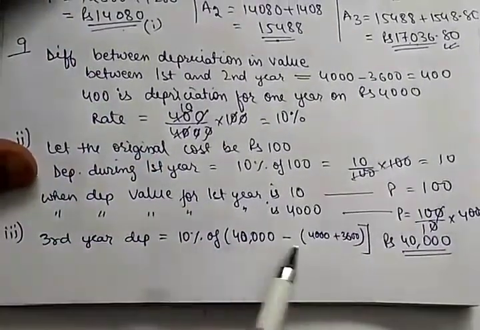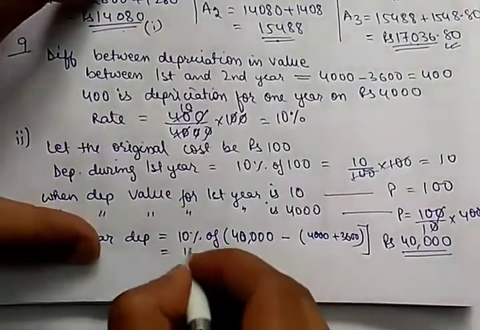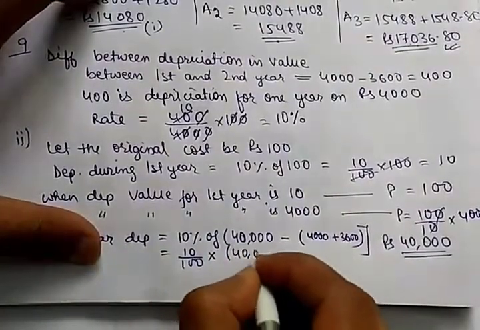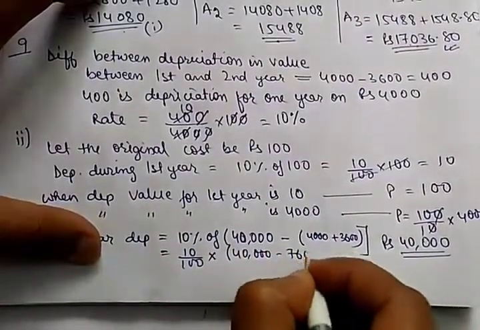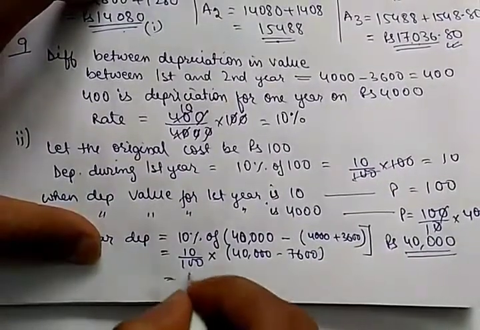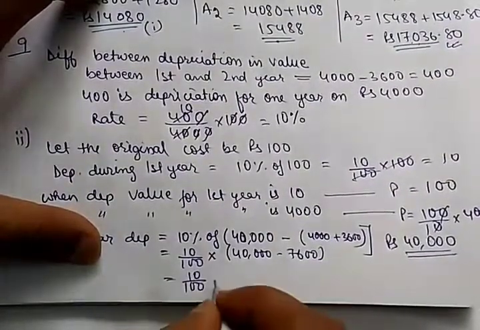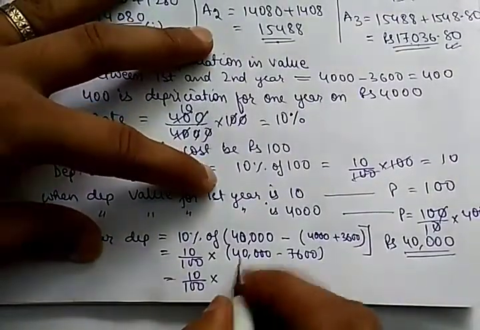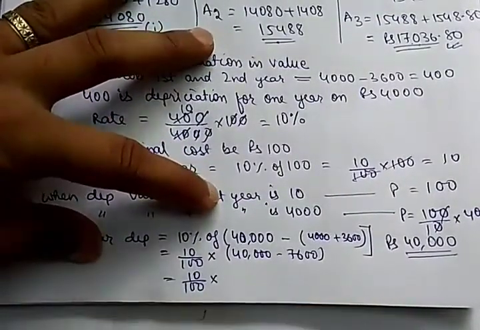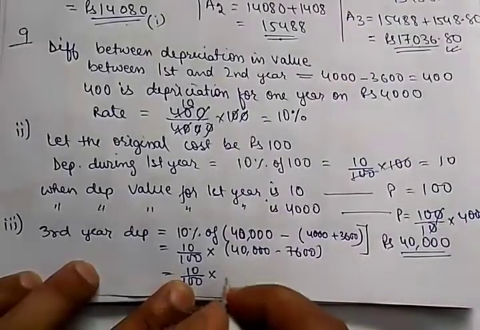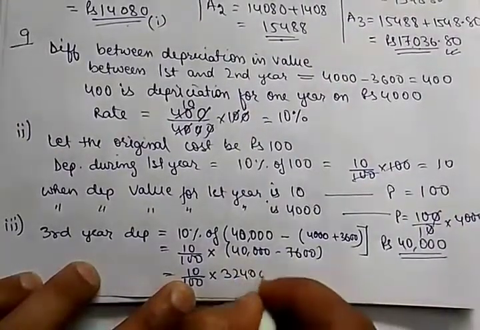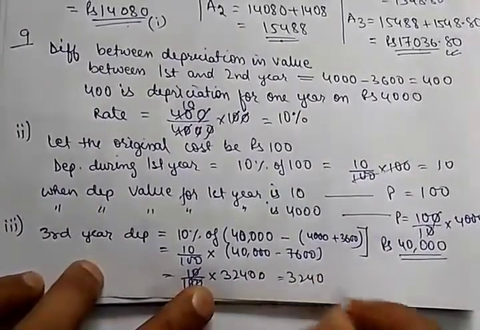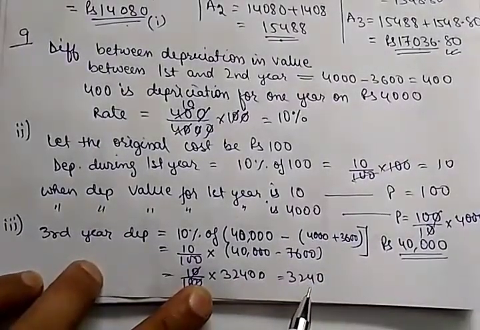This will be the third year depreciation. So 10 by 100 into 40,000 minus 7,600, this is 32,400. So it is coming 3240. That is the value of the third year depreciation.